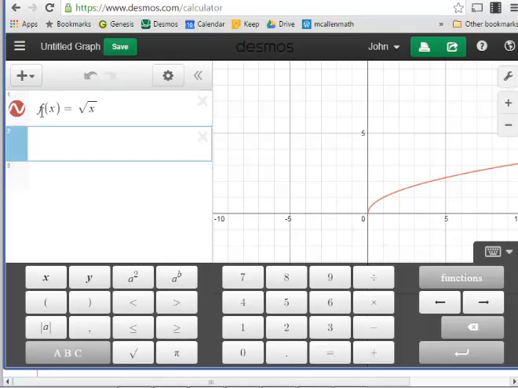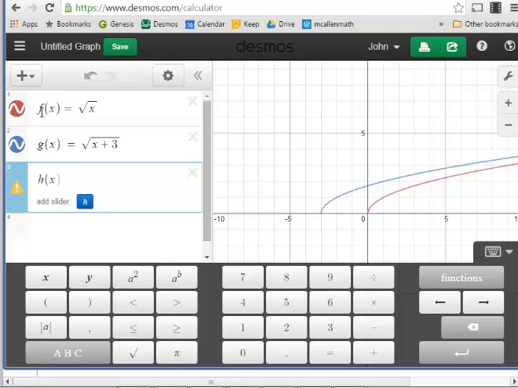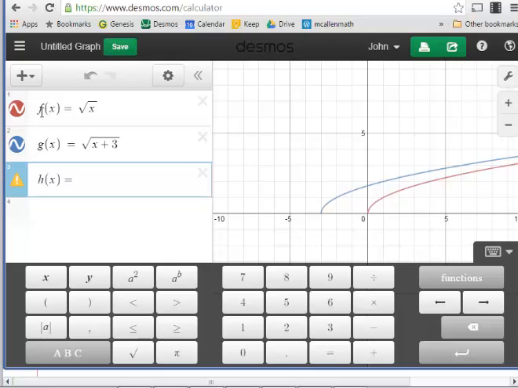That's my parent function. g of x is equal to the square root of x plus 3. Notice it moved to the left by 3. h of x is equal to the square root of x minus 3. Notice it went 3 to the right.